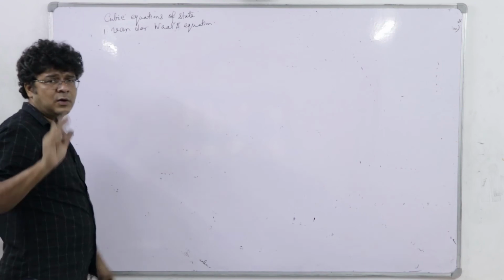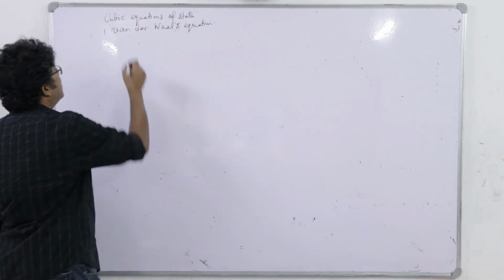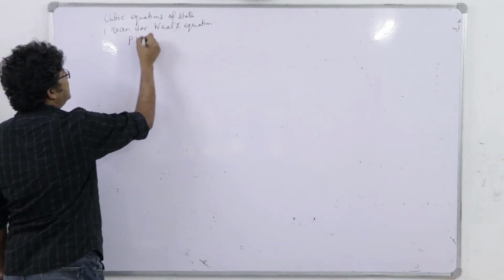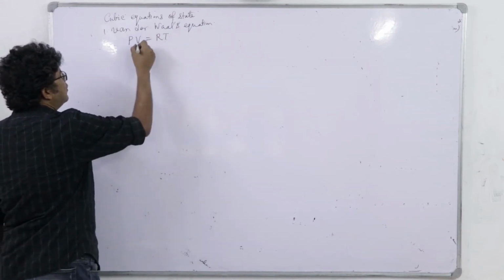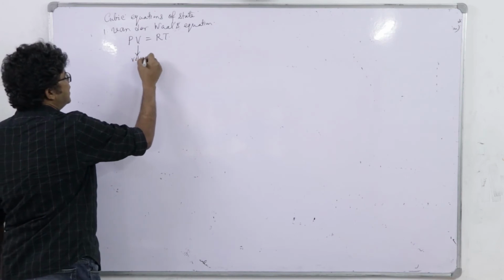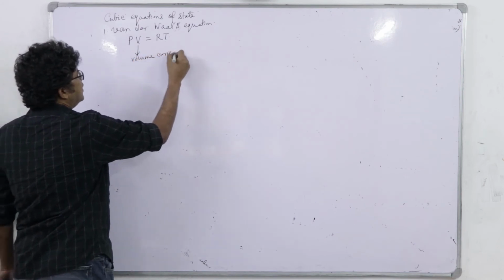You see, we will not go into that exact derivation, but what we have to understand, the ideal gas form is PV is equal to RT, right. Now, volume correction, what is that?